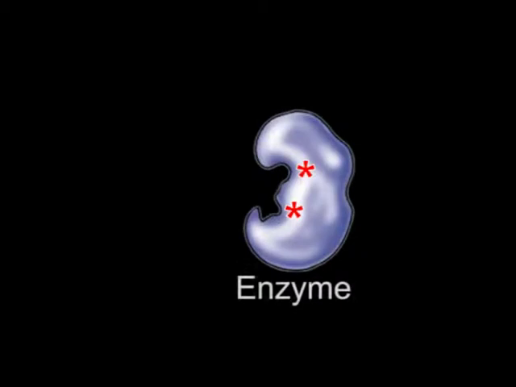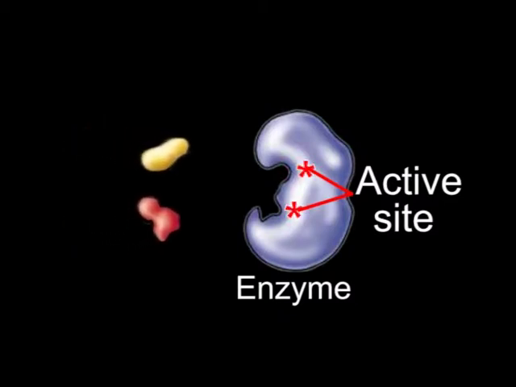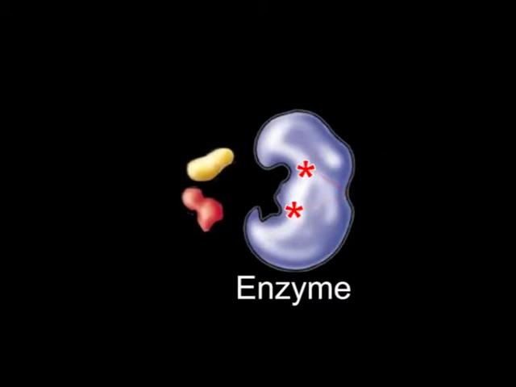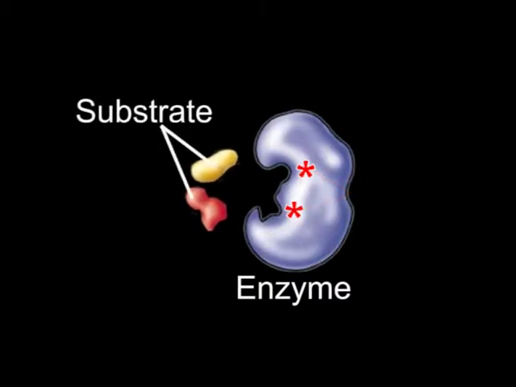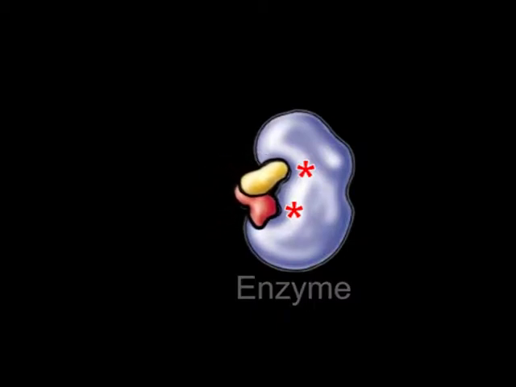Each enzyme has a specific site known as active site upon its surface. The surface configuration of enzyme is such that only a substrate with matching configuration can fit into this active site. It is just similar to putting a key into a lock.